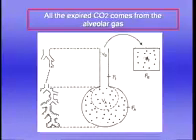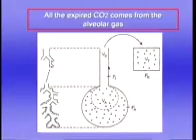The point it makes is that all of the CO2 in the expired gas comes from the alveolar compartment. As we said before, the expired tidal volume comes both from the dead space and from the alveolar compartment. But of course the dead space doesn't contain any CO2.